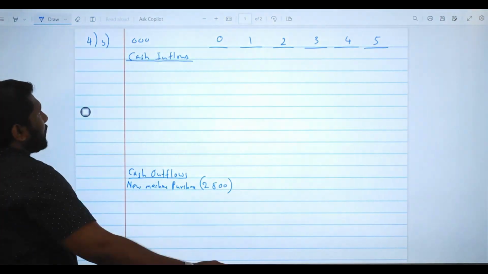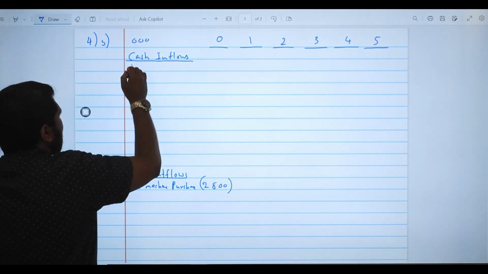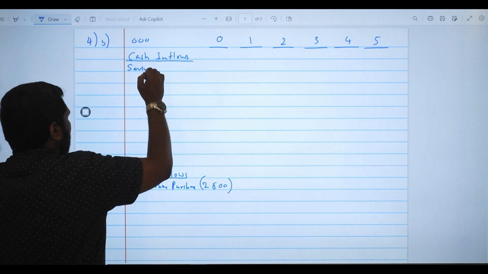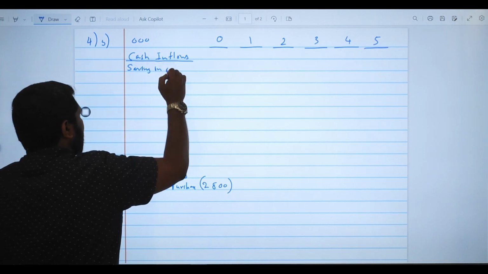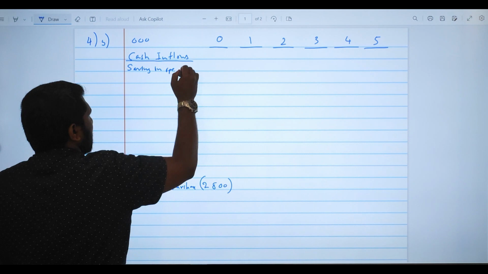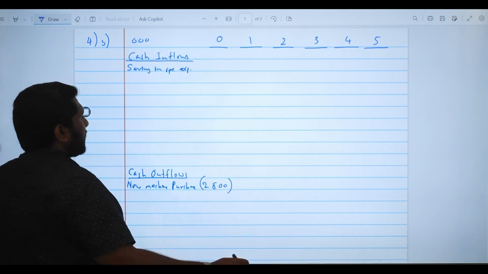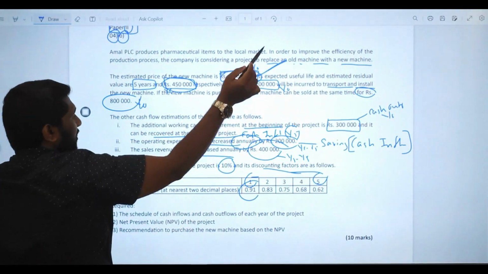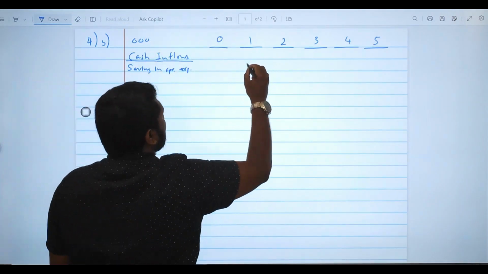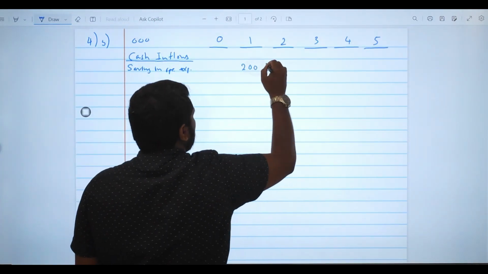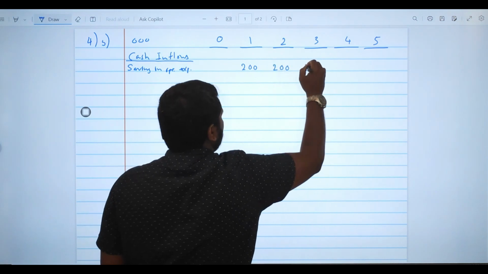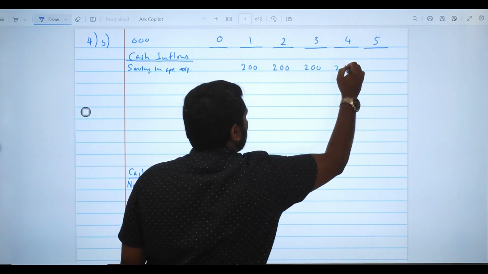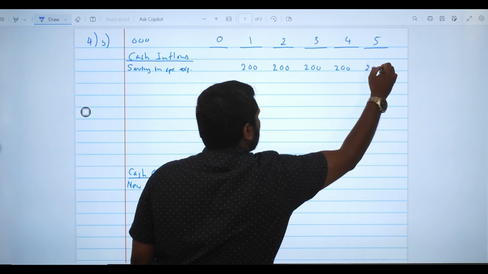So I'll write that one. Saving in operating expense. Every year there will be a saving of how much? Here they have given 200,000, 200,000, 200,000, 200,000, 200,000.